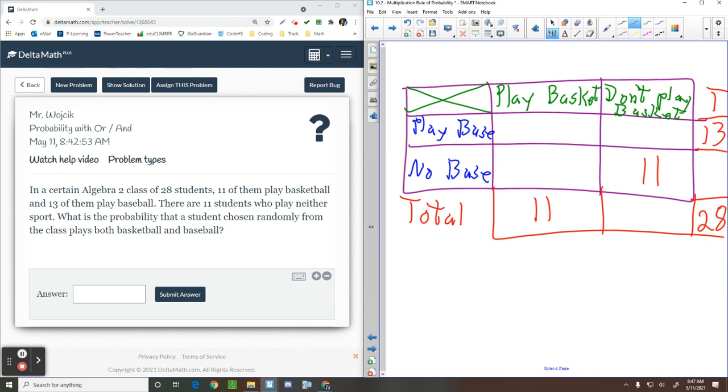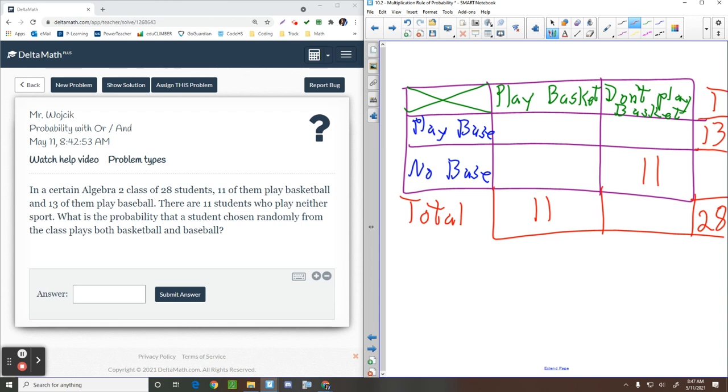Do you see, across the bottom here? If I have 28 total students, if 11 of them play basketball, how many students don't play basketball? That's 17, yeah.